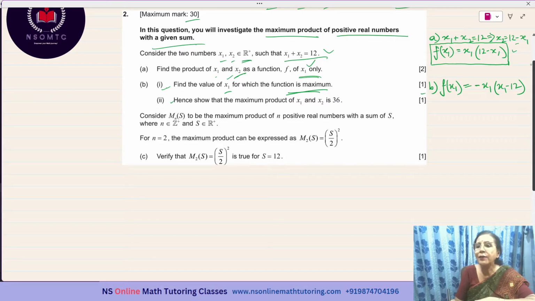And since you are having a leading minus sign in front of the expression, you will be having an inverted parabola. The graph will be, I'm just drawing a rough sketch, okay? This is the y-axis, this is the x-axis. This is the x equal to 0 point and this may be the x equal to 12 point.